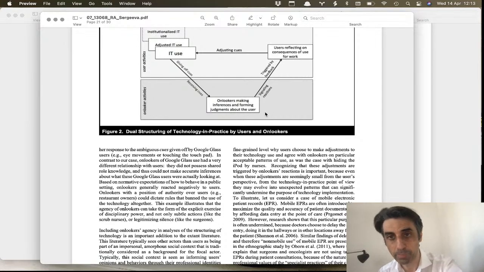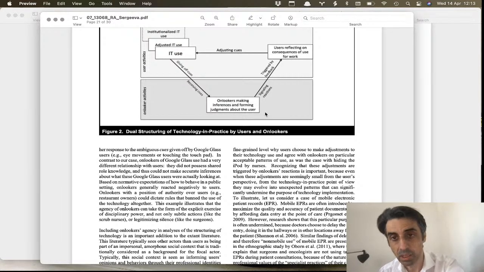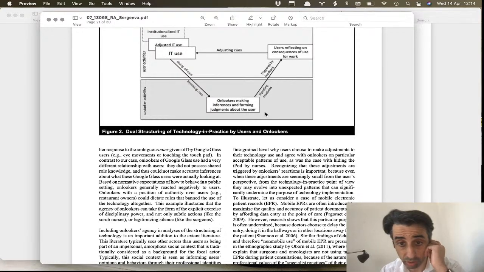Okay, two great papers. And if you do any research on any topic on technology, both papers are really, really amazing. So I would encourage you to read them just also for their content alone, but they're great examples of qualitative research.